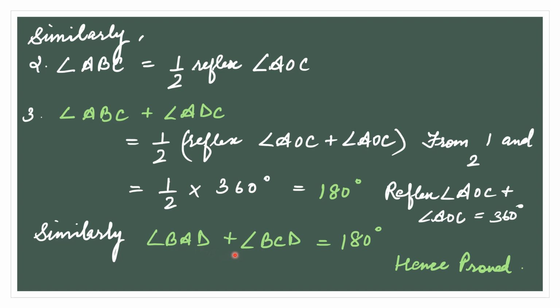Similarly, angle BAD plus BCD is equal to 180 degrees. Here you have proved ABC plus ADC, and similarly you can prove it for BAD and BCD. Therefore it is proved that the opposite angles of a cyclic quadrilateral add up to 180 degrees.